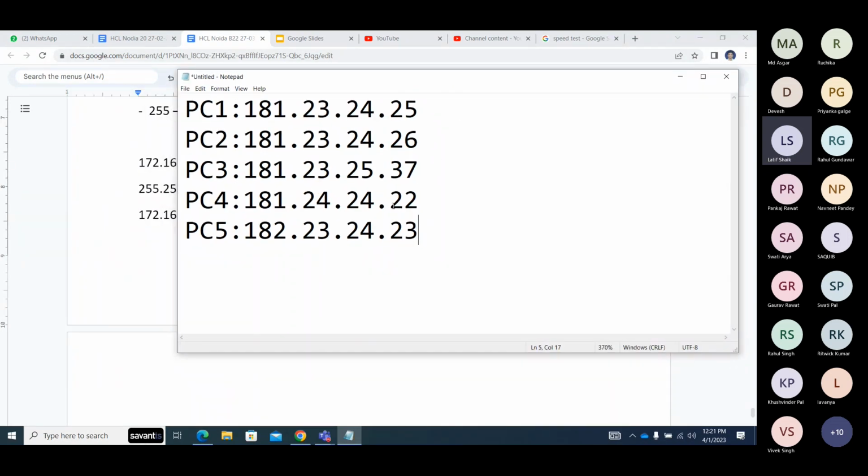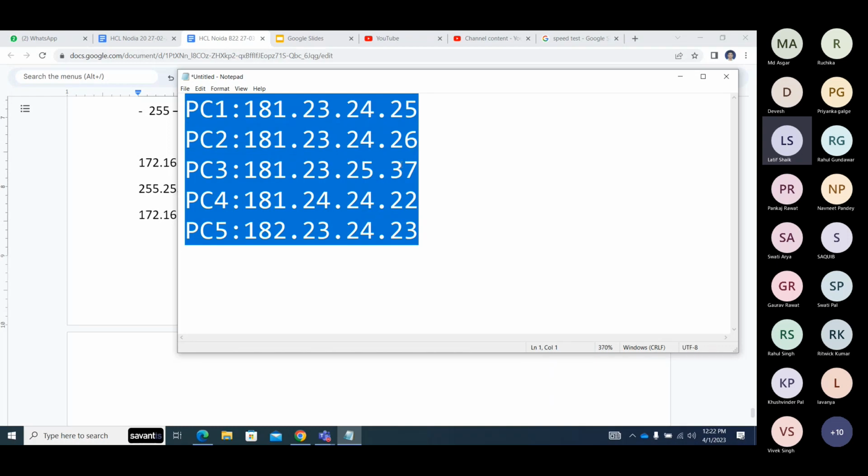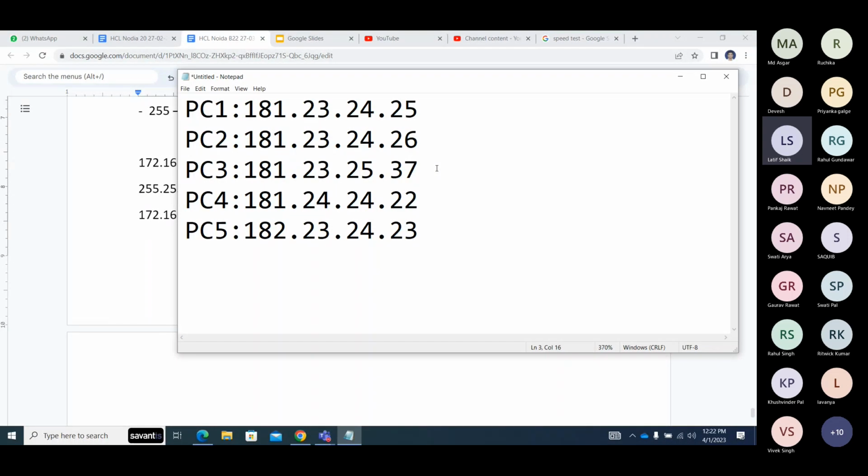Okay, last part I told something like this, right? I was given IP addresses, and I assigned these IP addresses to devices, five devices, one IP address to each device. Now what happened? This is a class B IP address, and of course class B means the first 2 octets must be the same, because the first 2 octets are the network portion.